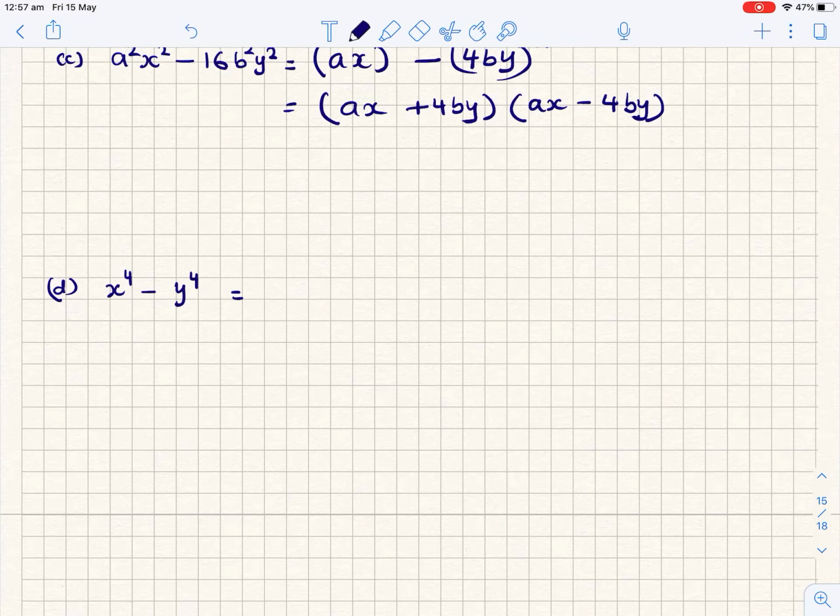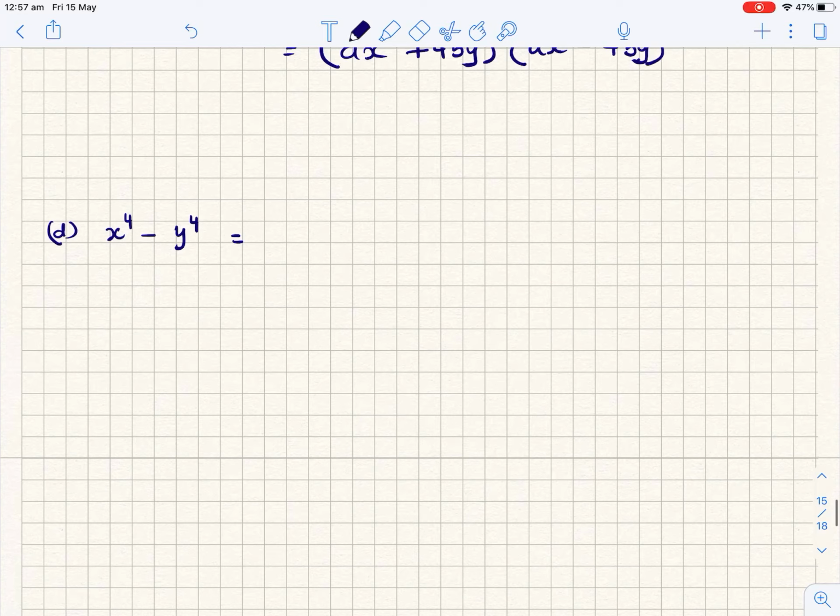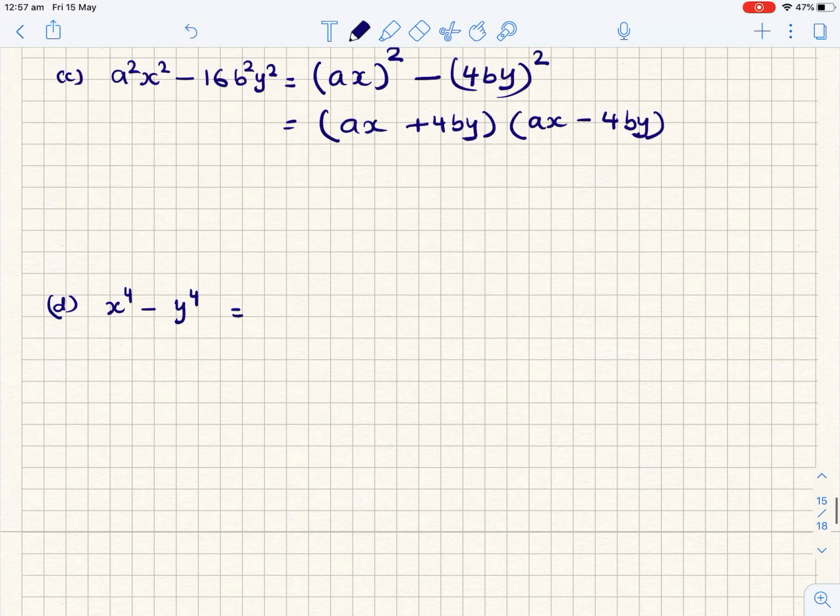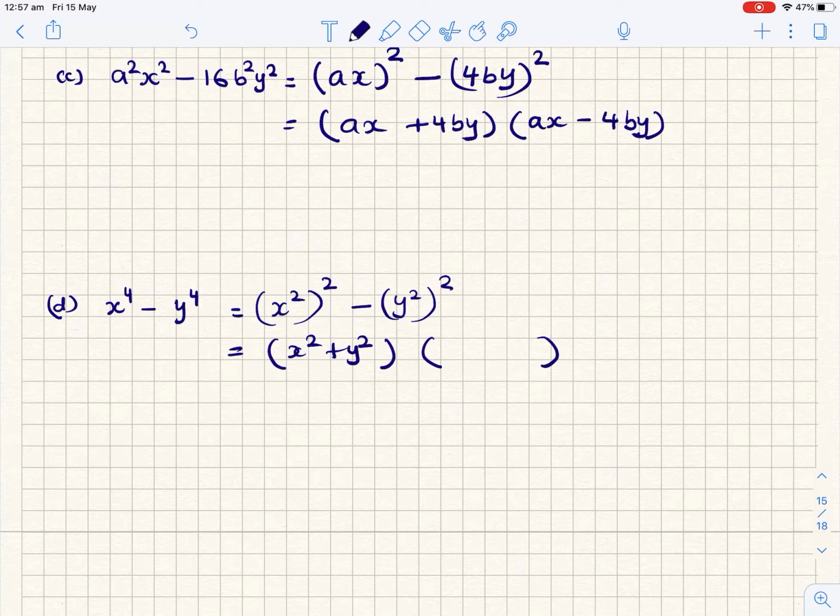Now, this is a tricky question. We can write this as difference of squares. So I can write this x to the power 4 as x squared to the power 2, y squared to the power 2. Now set it out first. x squared plus y squared, x squared minus y squared.